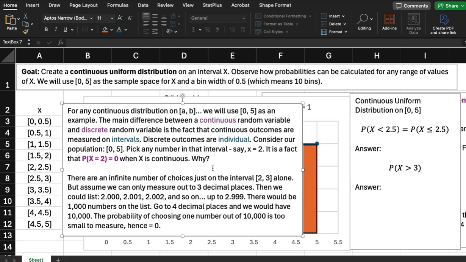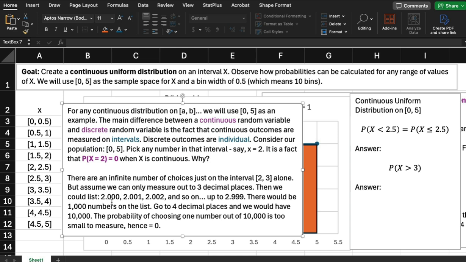So let me unpack a little bit as to why that is. So why is that true? Well, I've already said this, there are an infinite number of choices just on the interval between 2 and 3 alone. So to visualize that, though, let's pretend that we can only measure out to 3 decimal places. Then we could actually list the numbers.